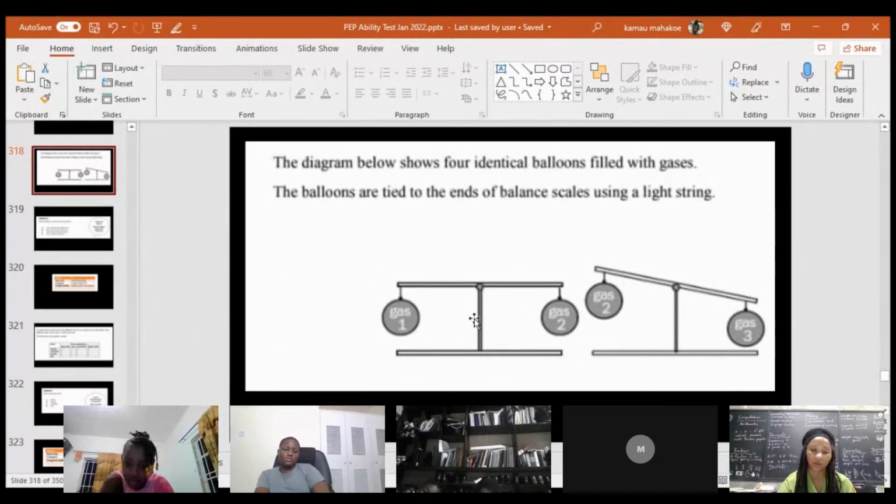That is correct. So 1 and 2 are the same. So if 3 causes the balance to dip with 2, it will do the same with 1. All right, so you're correct, Legende.